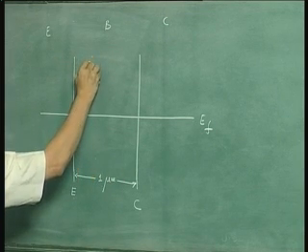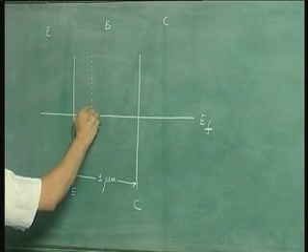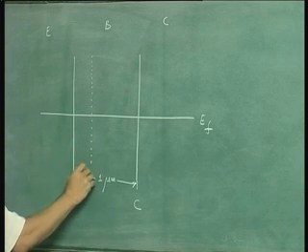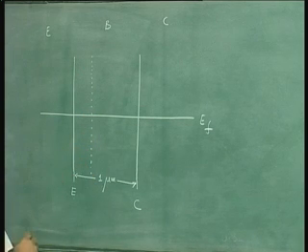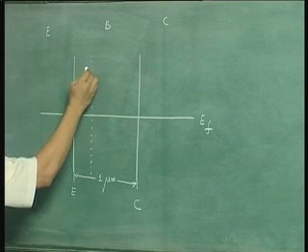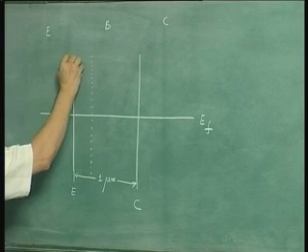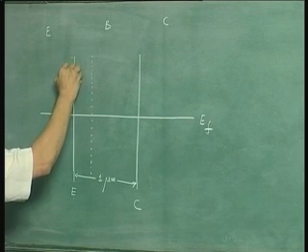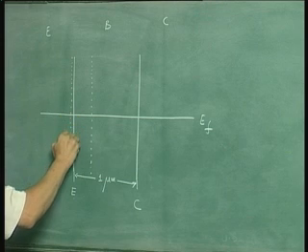So let us say this is 0.29 microns, and 1/10 of this will be on this side. So let us say this is about 1/10 of that.